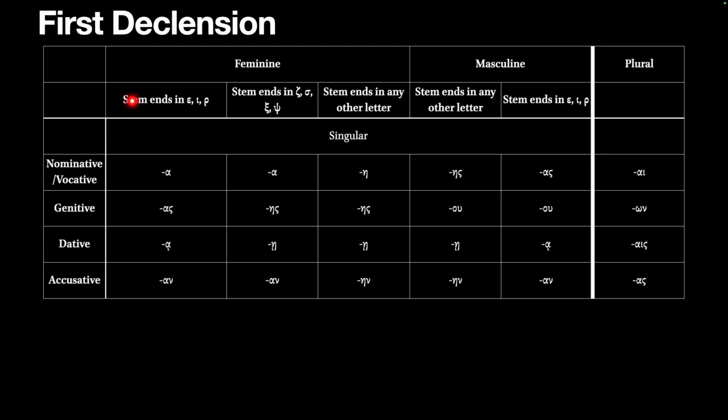So depending on what letter the root or the stem ends with will determine whether it's using the alphas, the etas, or the alphas and the etas in a mixed sort of way.